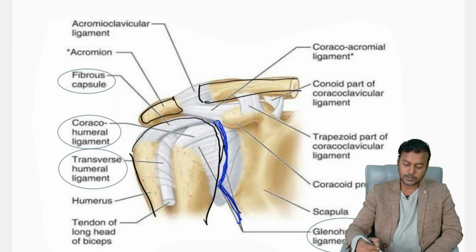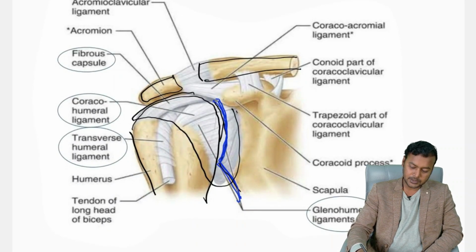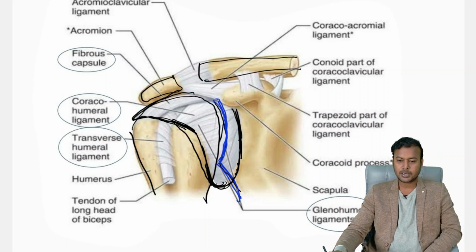So here you can see this entire thing connected from the margins of the glenoid cavity, glenoid labrum, onto the anatomical neck in the anterior superior region, and finally it is moving down, laxes down, or it is loose as we move inferolaterally or inferoposteriorly.